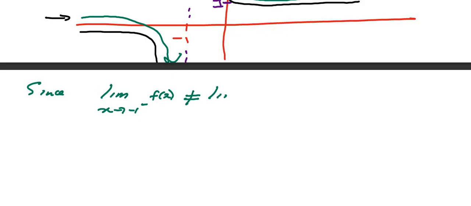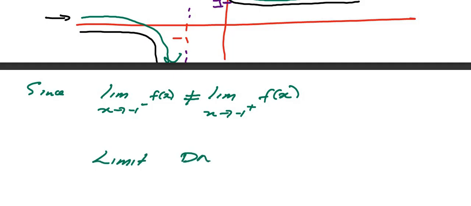You're going to say, since the left limit, meaning x approaching -1 from the negative, is not the same as the limit as x approaches -1 from the positive, the limit does not exist. You write this: limit does not exist, DNE. The one-sided limits, the left and the right-hand side limits, do exist, but the overall limit does not exist.